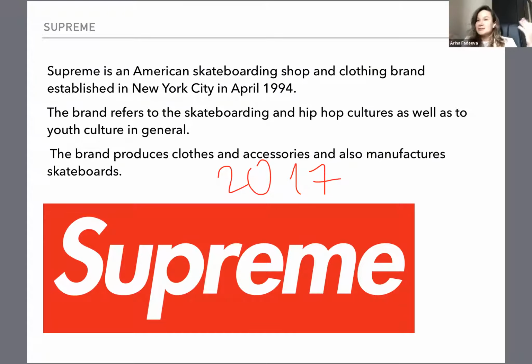I mean, it's really expensive to buy a t-shirt, especially with this box logo, or if Supreme has a collaboration with some brand like North Face or Louis Vuitton, for example. It's really expensive.